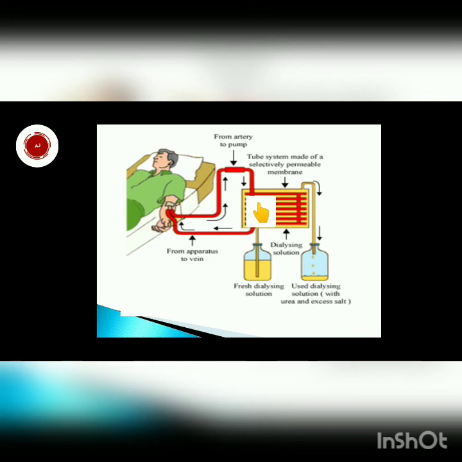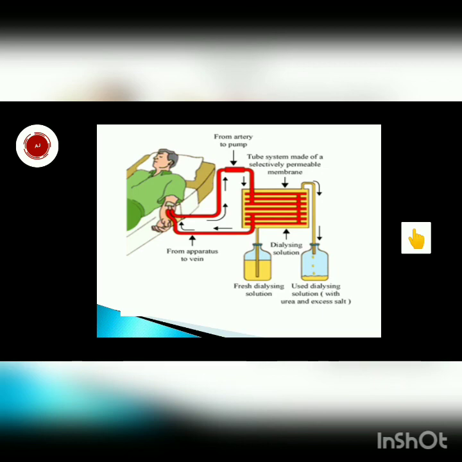As the osmotic pressure of this dialysis fluid is equal to that of blood, only urea and uric acid get filtered into the dialysis fluid. Then the clean, filtered blood comes into these tubes and is returned to the human body. So this is how dialysis works.